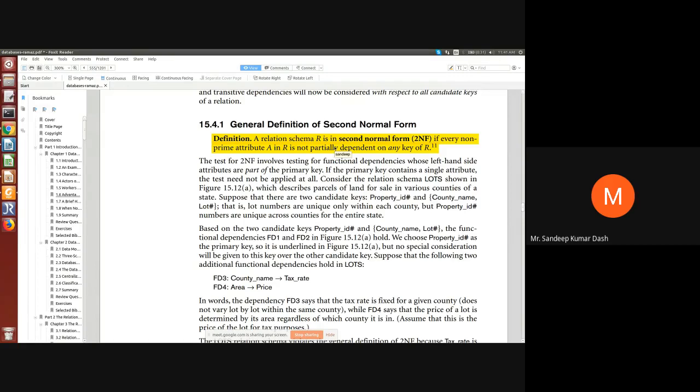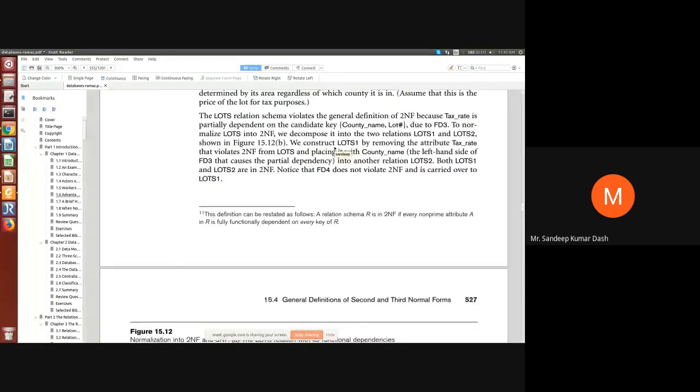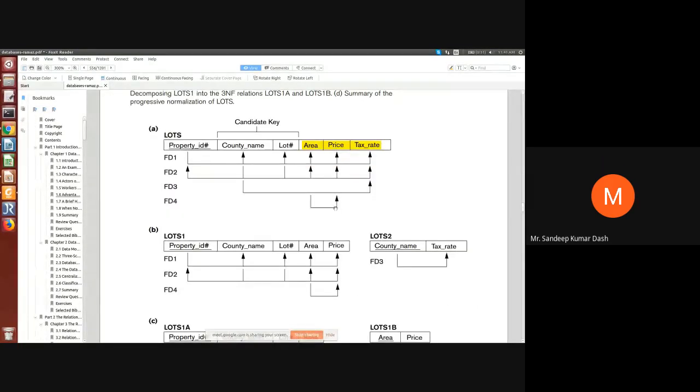Okay, so this one is that case that a non-prime attribute is dependent on non-prime attribute. So according to 2NF, this is fine, no problem in this because 2NF is silent on this. 2NF only says non-prime attribute, if dependent on prime attributes, then they should be full functional. Like this one is prime attribute. These are all fully functional dependent.